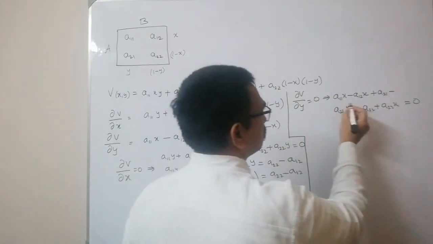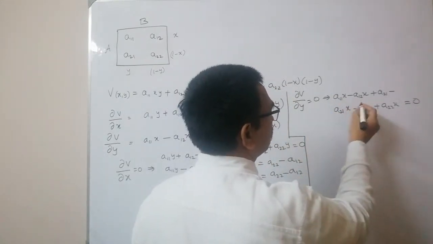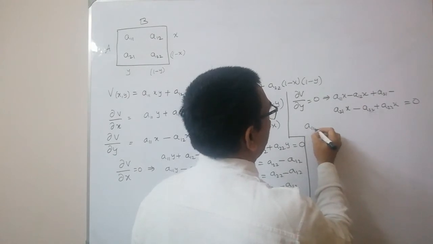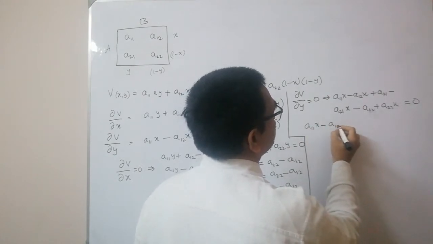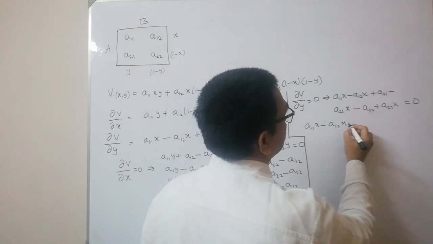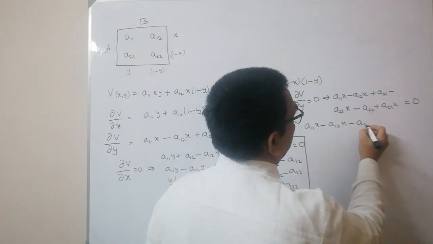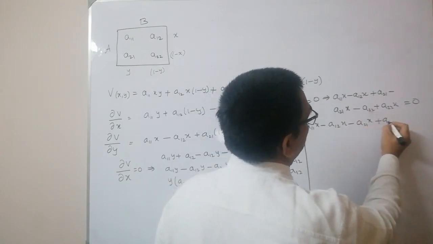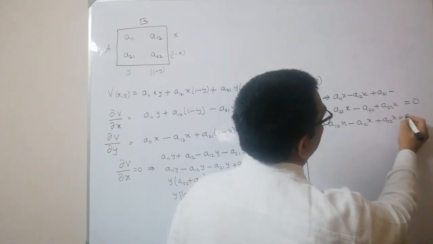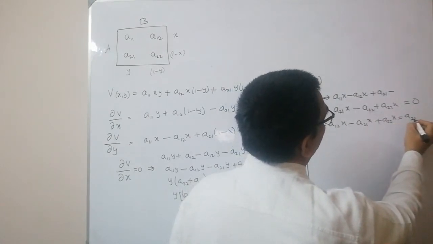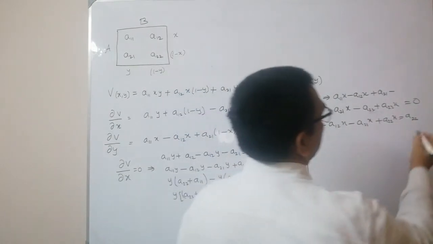Now rearranging these terms, a11x minus a12x minus a21x plus a22x equal to a22 minus a21.